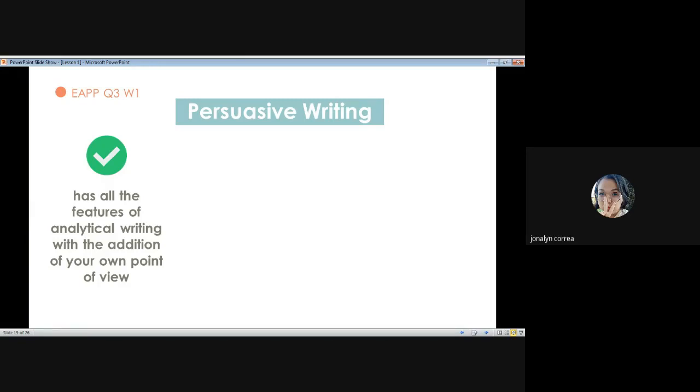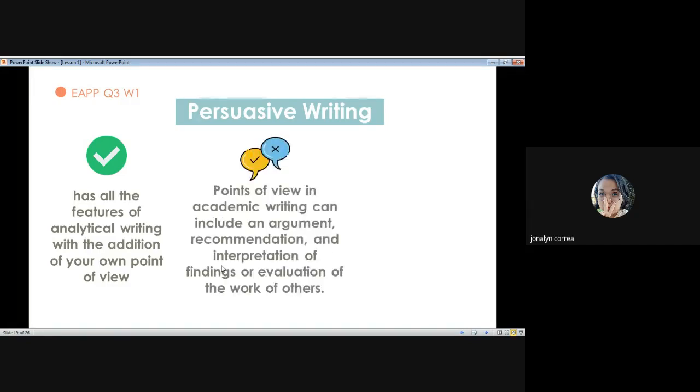The information, like for example, reorganizing the information. So that is the part. But with the addition of your own point of view.